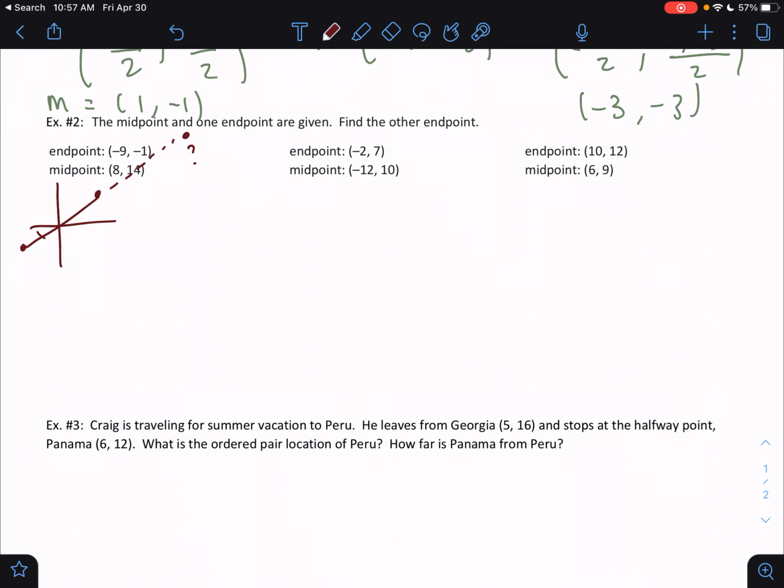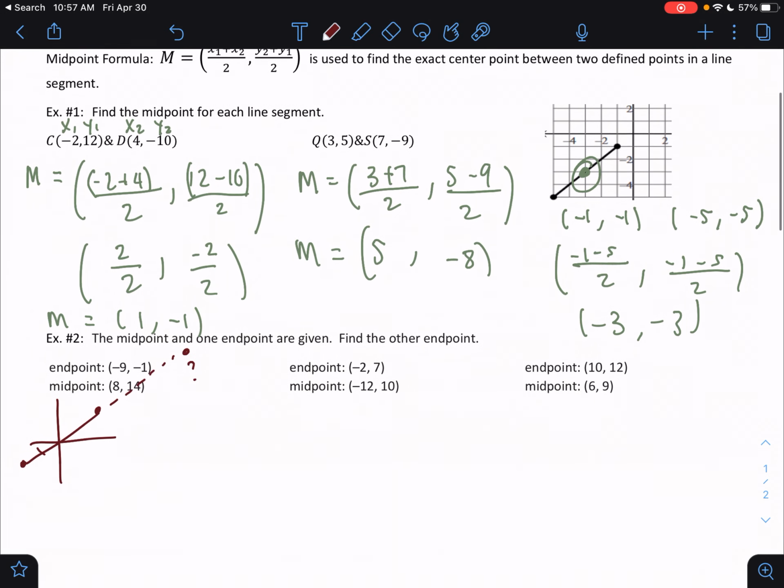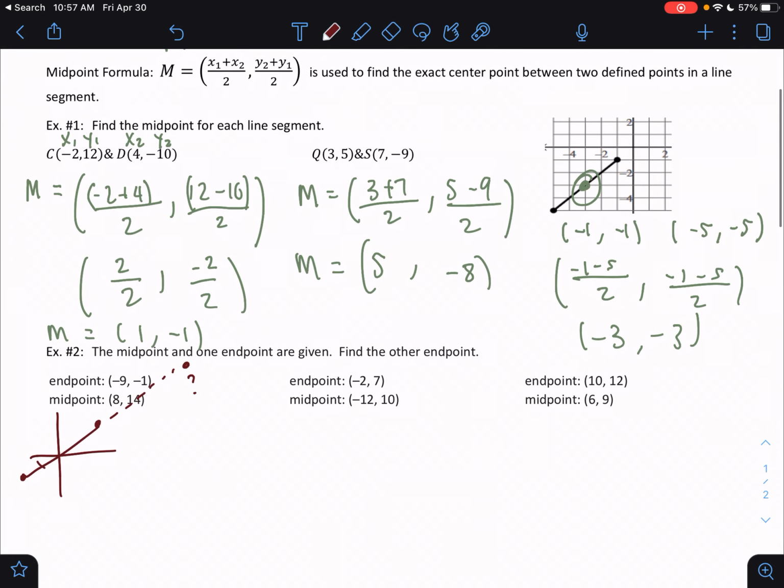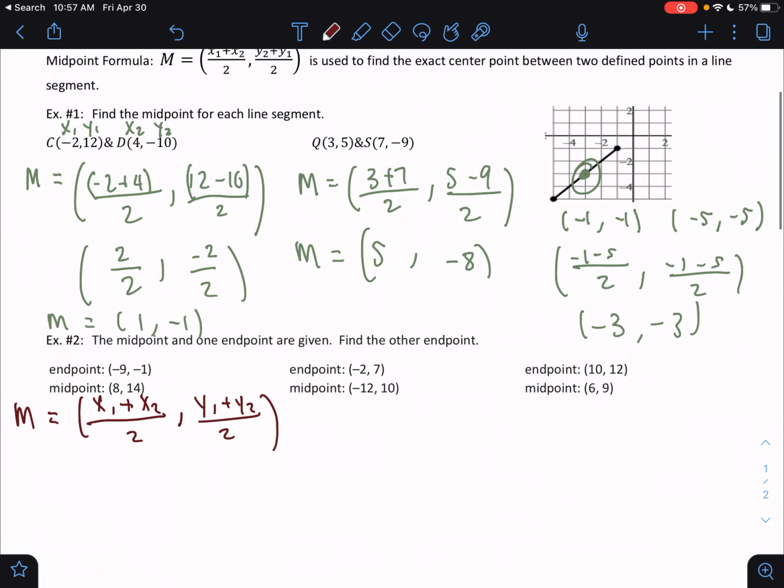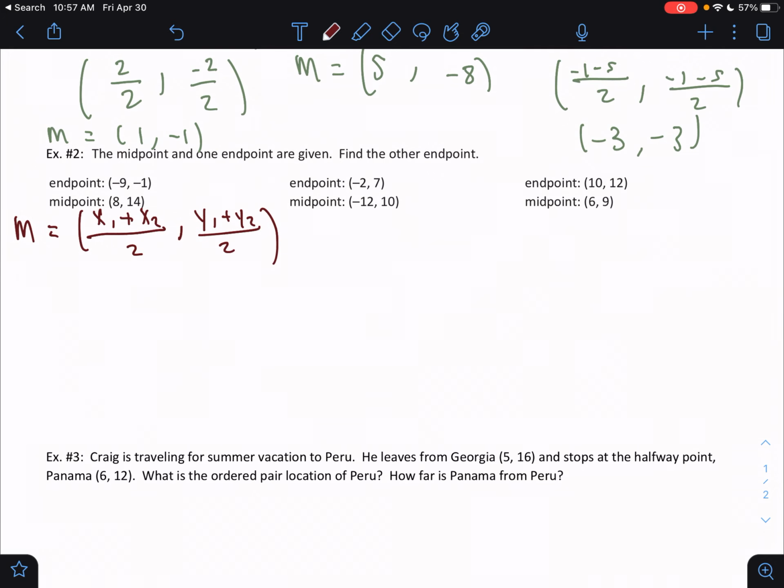So we're going to use the midpoint formula again. I'm going to erase this and rewrite our midpoint formula down here. And essentially what we're going to do is just plug things in.